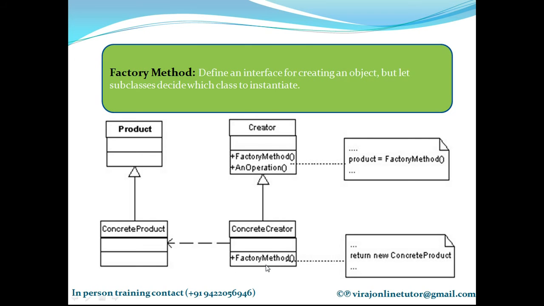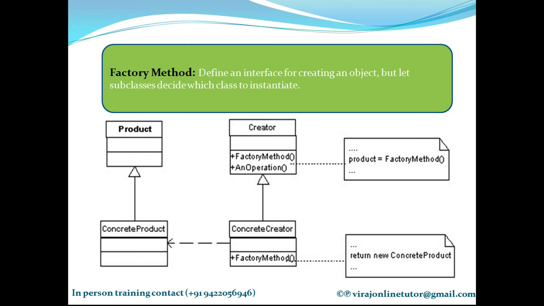Based on the logic that you define in the factory method definition, you can create the respective concrete objects and return. But please remember, what will be the return type of this? Always product. That's the first way of implementing factory method.